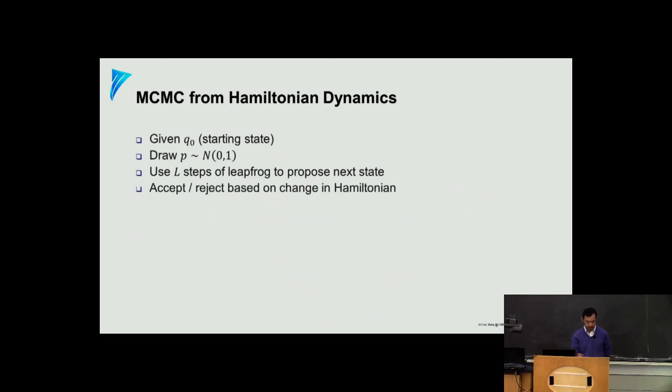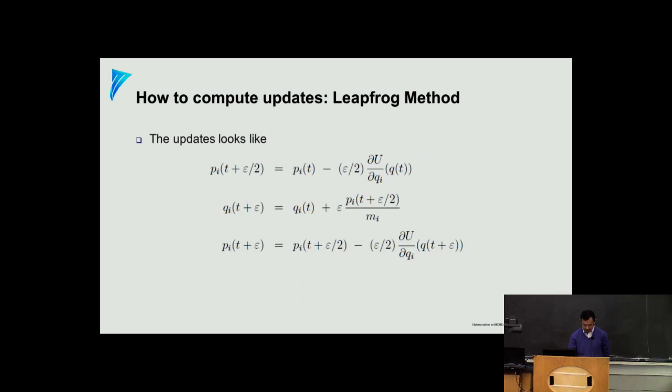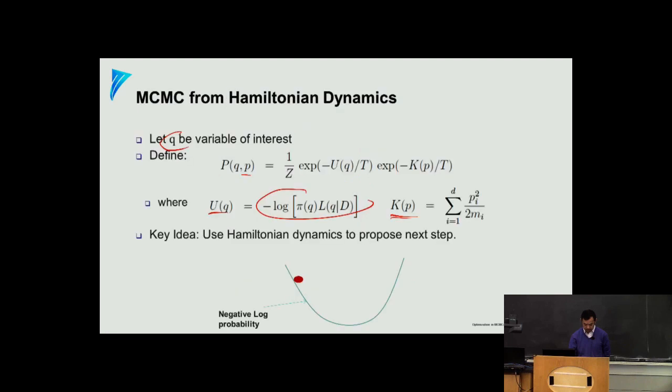So what we do is that we're going to start from somewhere and draw the P from a trivial distribution. And then we're going to use the leapfrog to compute the next step, Q1 and P1. And remember that in the Q1 and the P1, we actually have a way to incorporate the gradient. The U, remember, is in here, this guy, which connects to our likelihood function of the states.